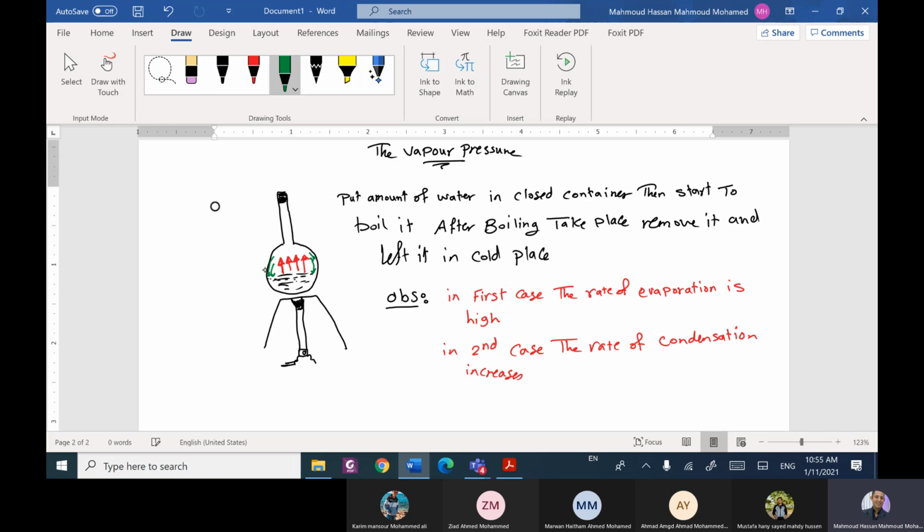Condensation is represented by the green light, and the red color is evaporation. But to make it clear, in the start of the cooling process, there is no evaporation. The same container is removed and the round bottom flask is put in a cool place.